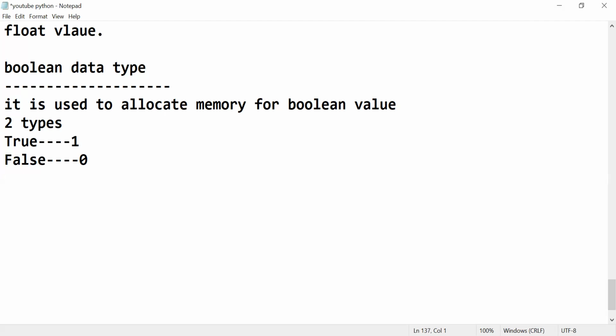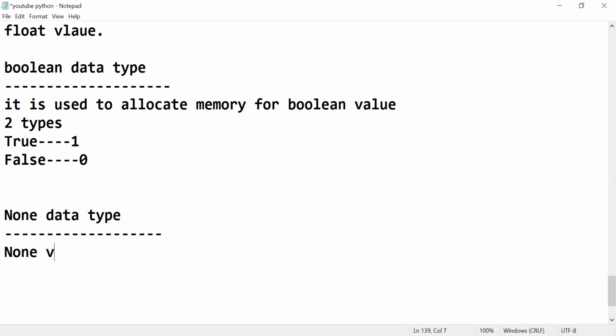And we have one more data type called the none data type. See, guys, in the name itself, it is saying that it is none. It is used to reserve memory for none value.